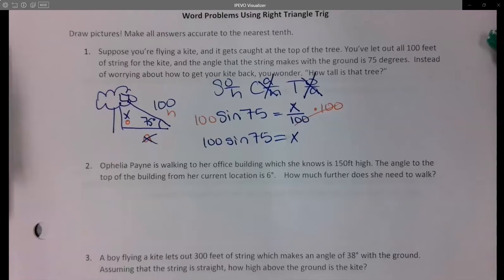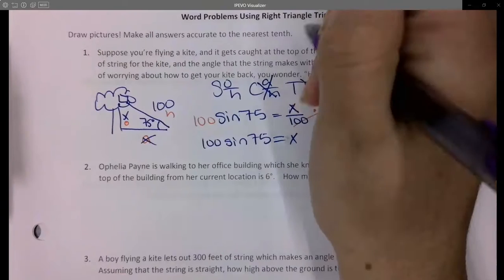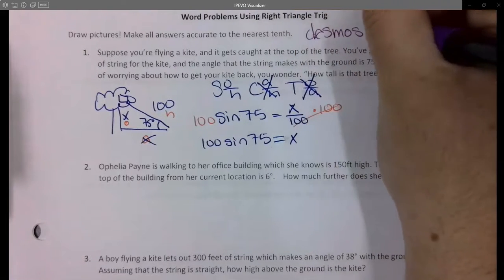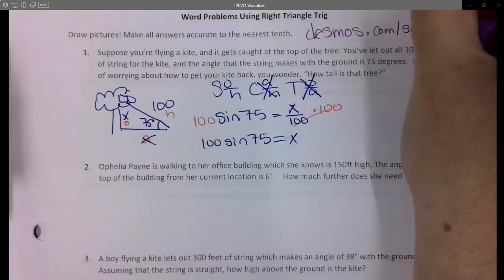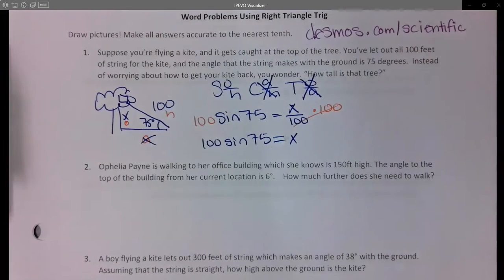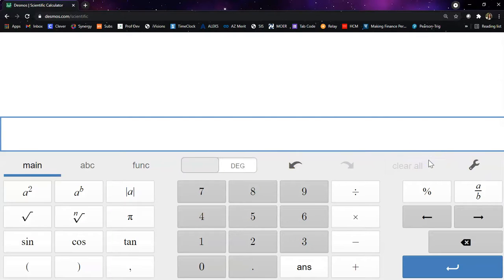Then I want to go ahead and type this into decimals. I want to make sure I'm using scientific, because if I use graphing, it's going to give me the wrong answer. So I'm going to type in 100 sine and then 75.